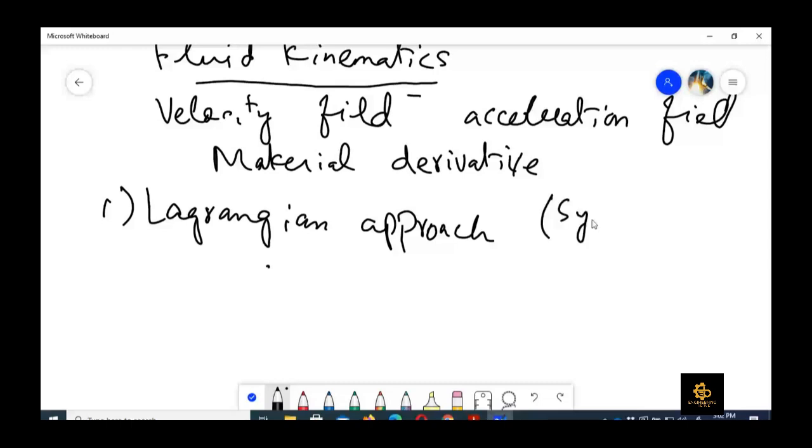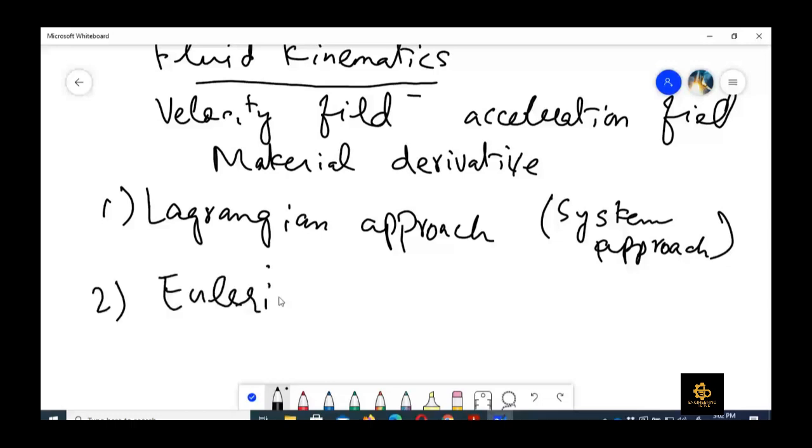In thermodynamics, you must have learned about the system, and then the second one is the Eulerian approach. In the Eulerian approach, we fix a point in space, and then we analyze the particles which move through that fixed point.